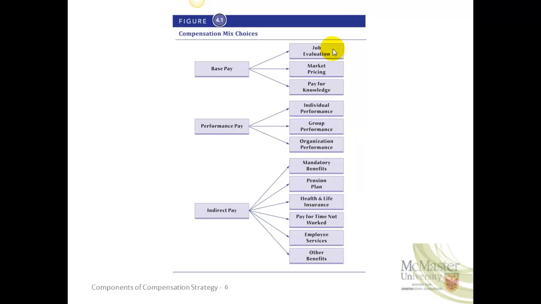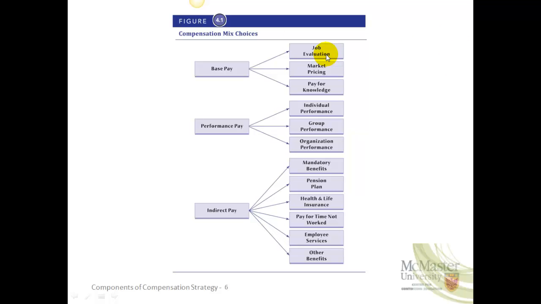The Hay system is probably one of the most popular ones. But many times, job evaluation systems can be homegrown or made by a company, devised to evaluate jobs internal to the company. And you can do that with the help of a consultant, because many consulting firms actually have packages that you can purchase that can be customized to you so that you can evaluate jobs.